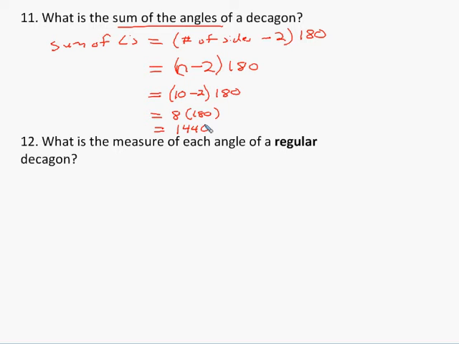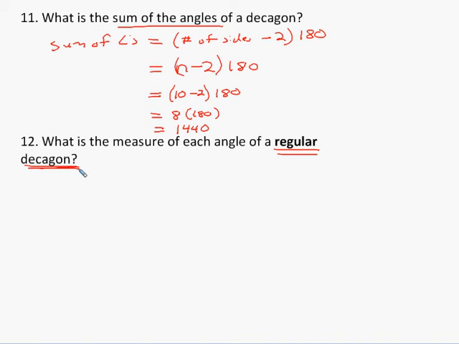Now the next question says, what is the measure of each angle in a regular decagon? If you see the word regular, regular means equiangular, which means all the angles are the same, and equilateral. The part that we're concerned about is that it's equiangular: all the angles are congruent. So in this 10-sided decagon, all the angles are congruent.